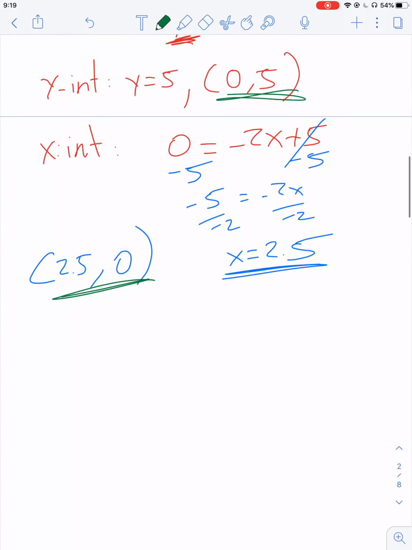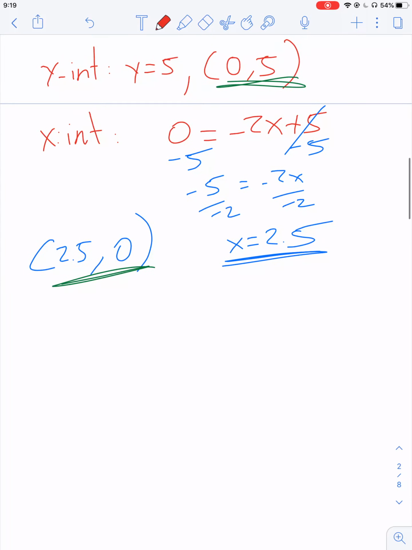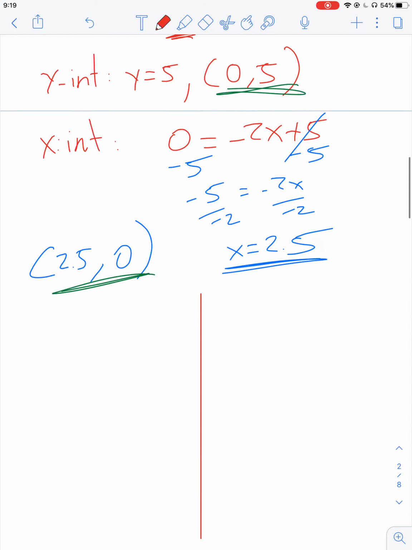In this case, I think it makes sense to increase my scale. I mean, you could increase everything by 1 if you wanted to, that would be fine. Once you have your 2 points, you can decide how you would scale your Cartesian plane. In my case, I'm just going to scale everything by 1, because 5 is not that big of a number.